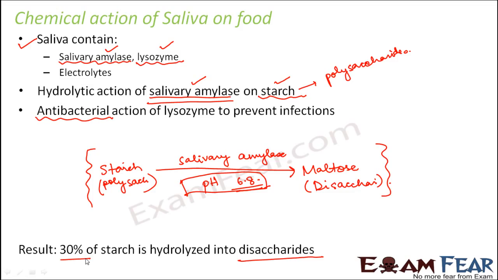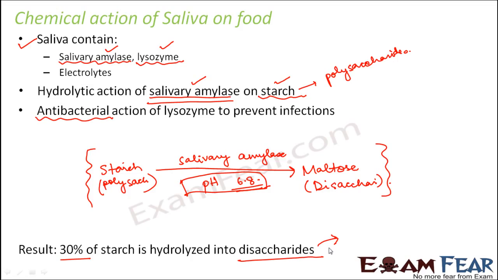But the carbohydrate part, 30% of the starch gets converted into disaccharides. Disaccharides again need to be converted into a further simpler form, but at least some change has taken place by the time the food has passed through the mouth and the oral cavity.